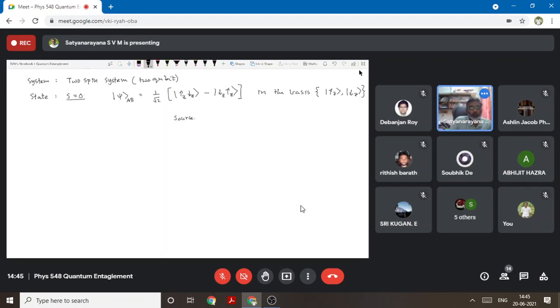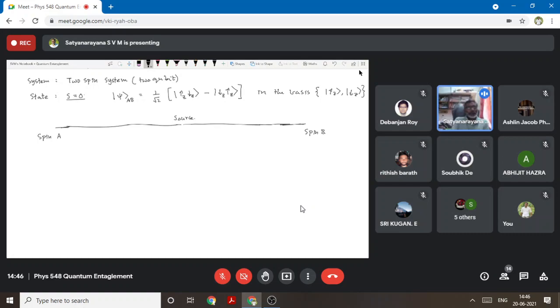Then one particle is traveling in this direction, the other particle in this direction, and here let us say we have spin A, and here you have spin B. You know that this distance can be any large. So this distance is usually very large.